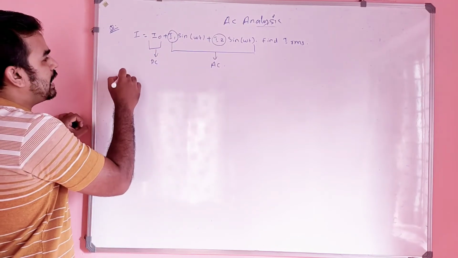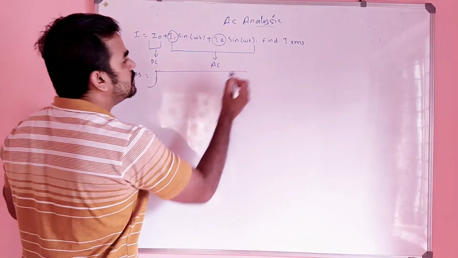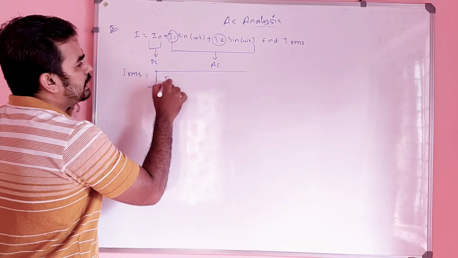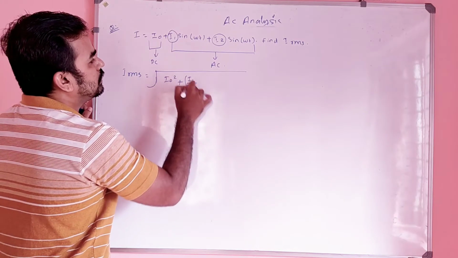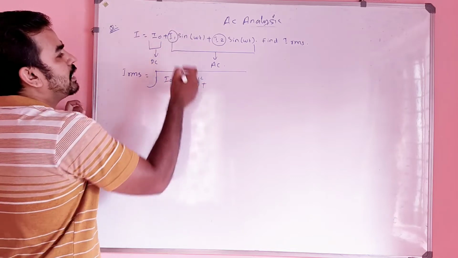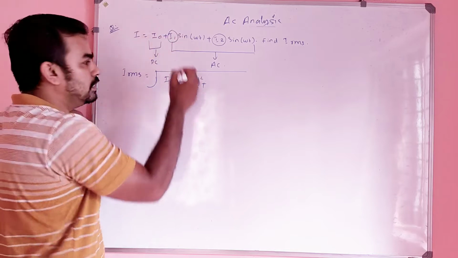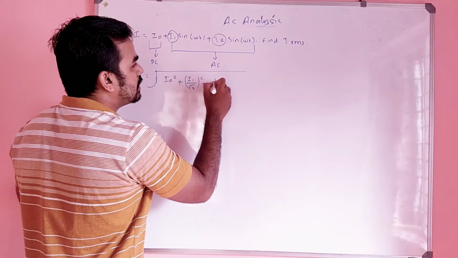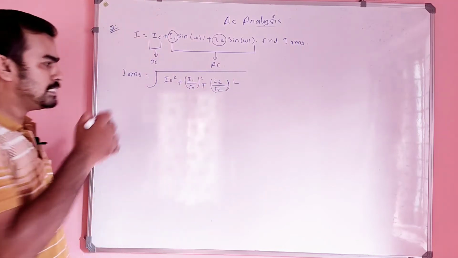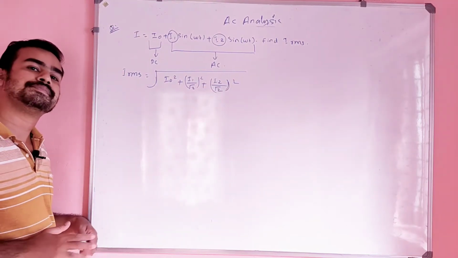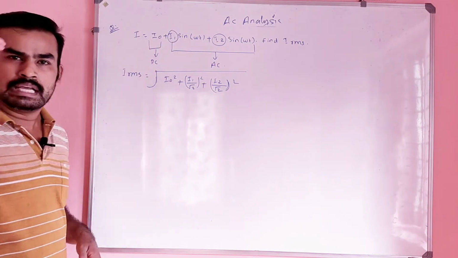So our resultant IRMS is equal to the square root of I0 square plus I1 by root 2 plus I2 divided by root 2, the whole square. This is because IRMS is Im by root 2, and Im is I1 here. This is the RMS value for this type of equation.